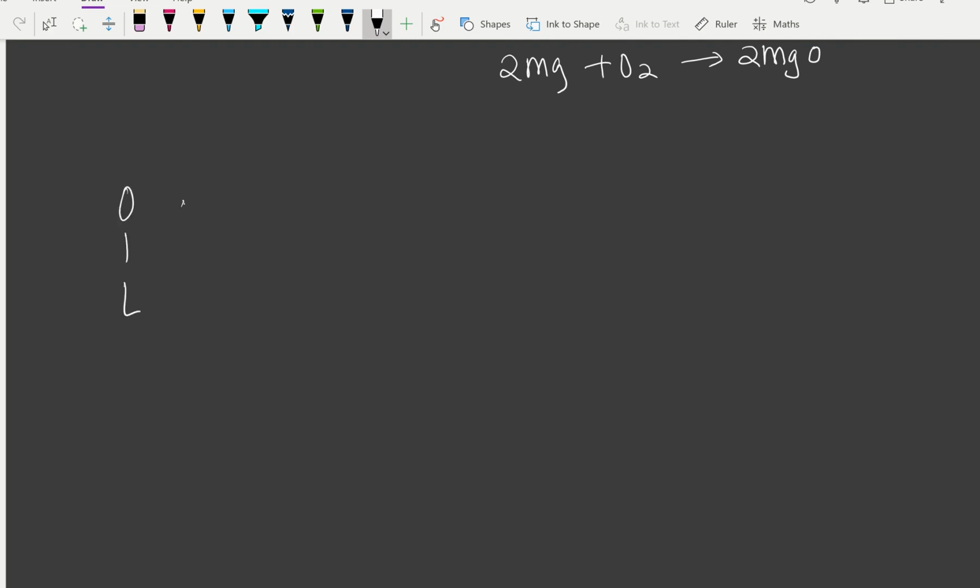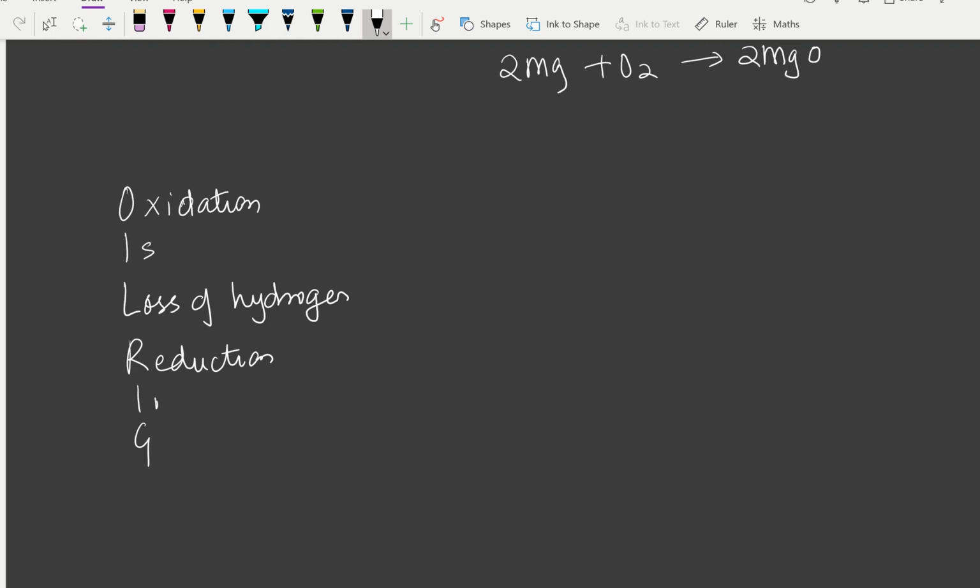So again, OIL RIG: oxidation is loss of hydrogen and reduction is gain of hydrogen. This is the last thing that is remaining.